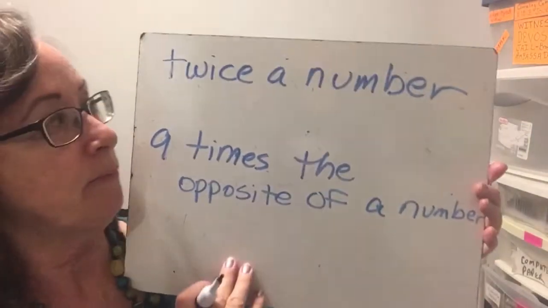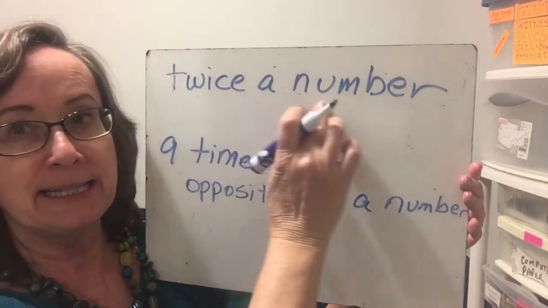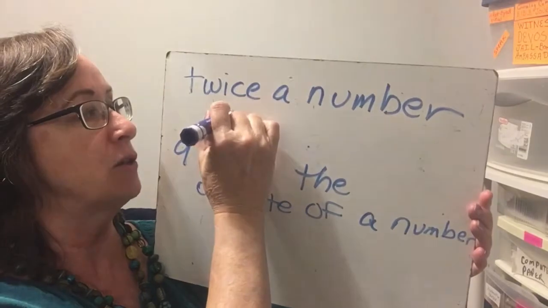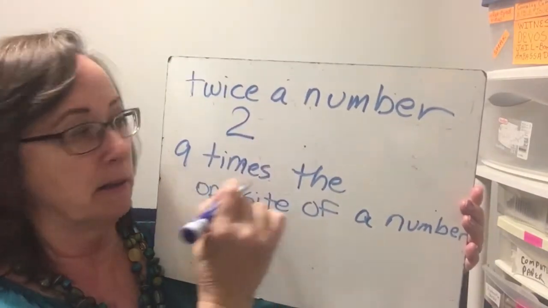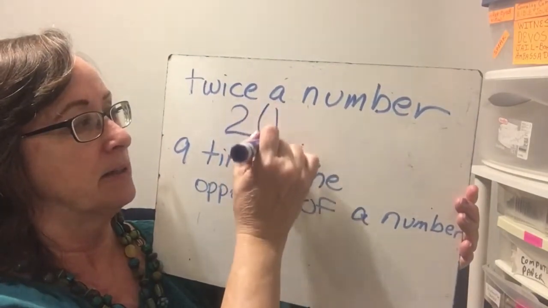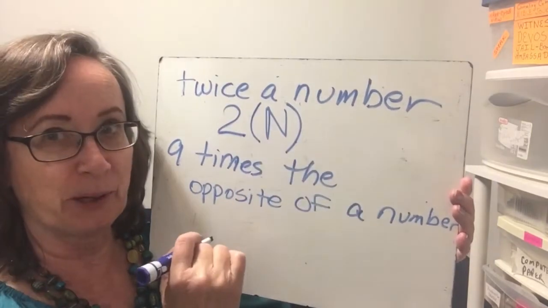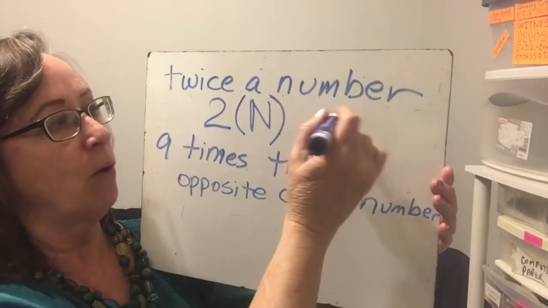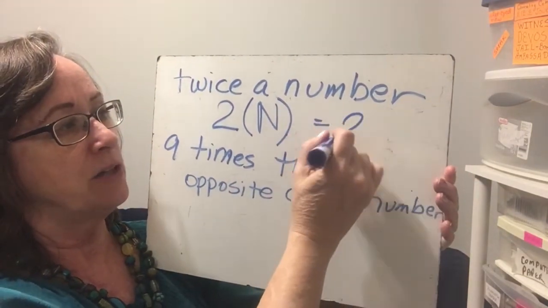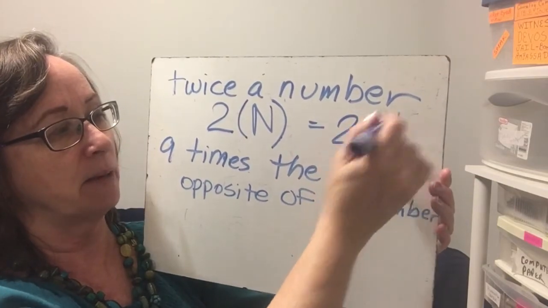So here on this board, we have twice a number, which means 2 times the number. So I don't really need the parentheses because it's a variable, or just 2 times the number.